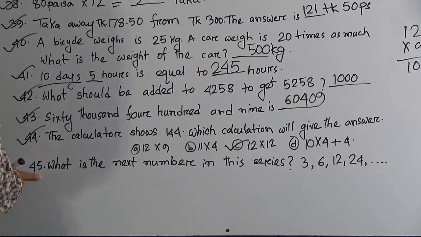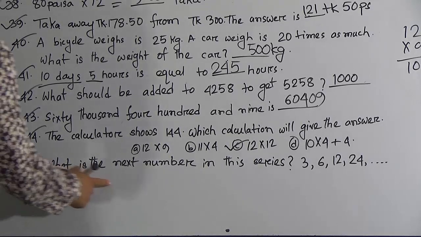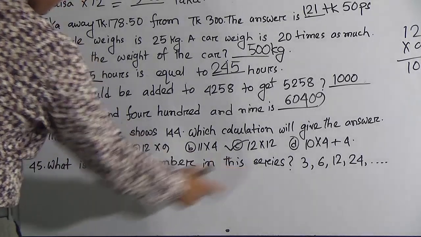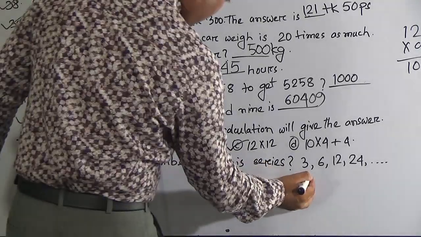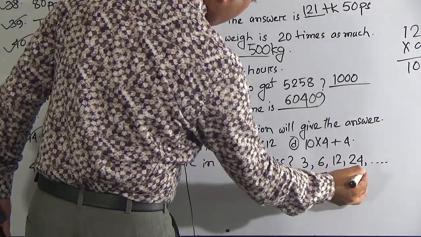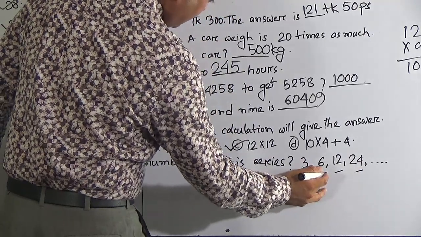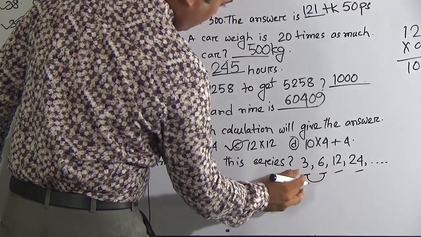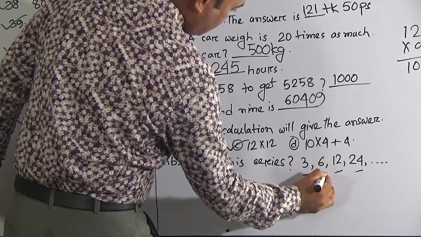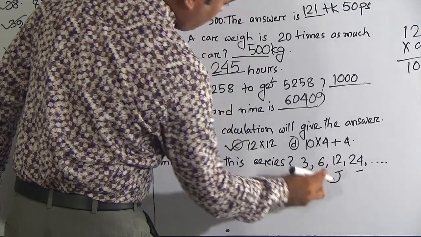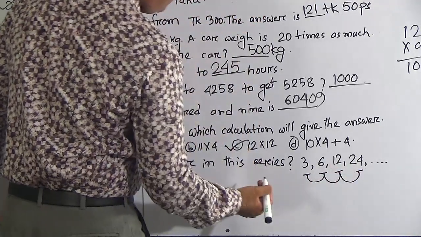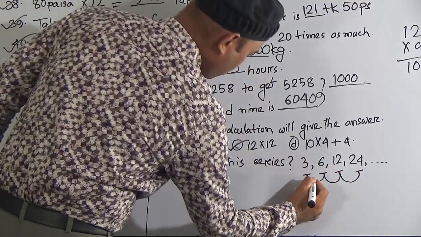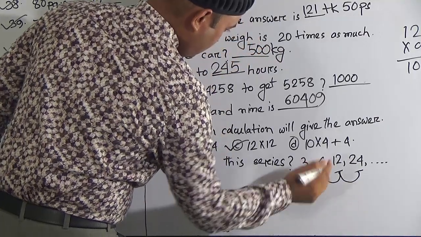Now number 45. What is the next number in this series? Look at this series. Here is 3, 6, 12, 24. 3 and 6. 6 is the double of this one. And here is 12. 12 is also double of this one. Here is 24. This one is also double of this one. So after multiplying by 2 we get 6.